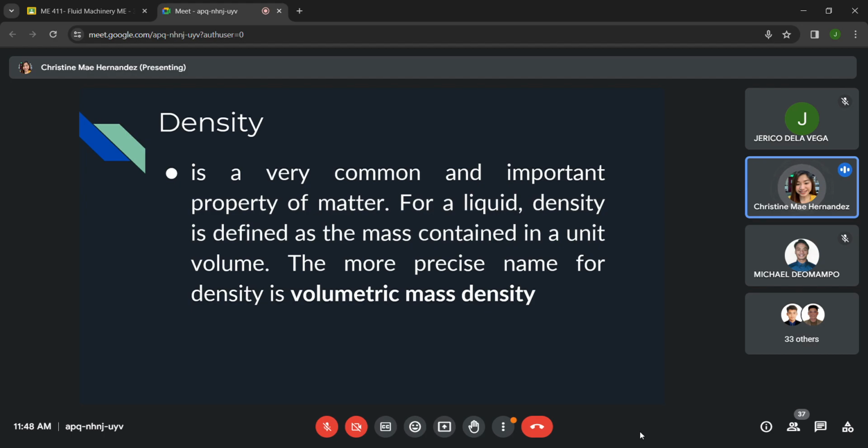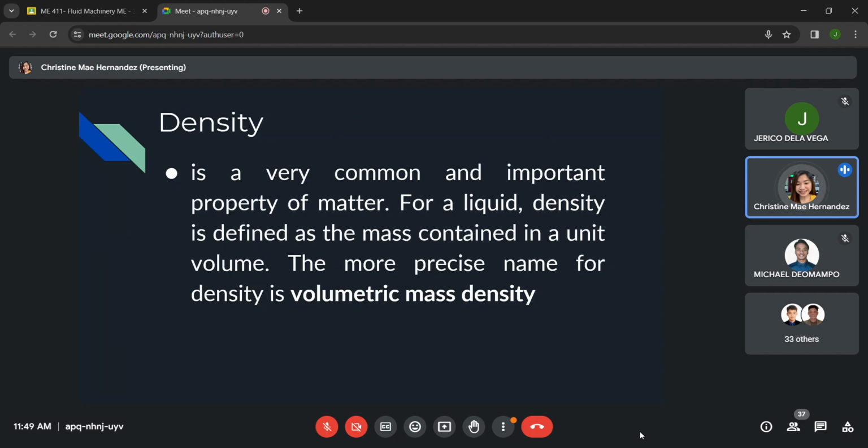So, the importance of density, pwede din siyang buoyancy. Density has obvious importance when it comes to the buoyancy of an object. Broadly, if something is denser than water, it will sink. Pag mas mataas yung density ng ating object kaysa sa water, it will sink or lulubog siya.